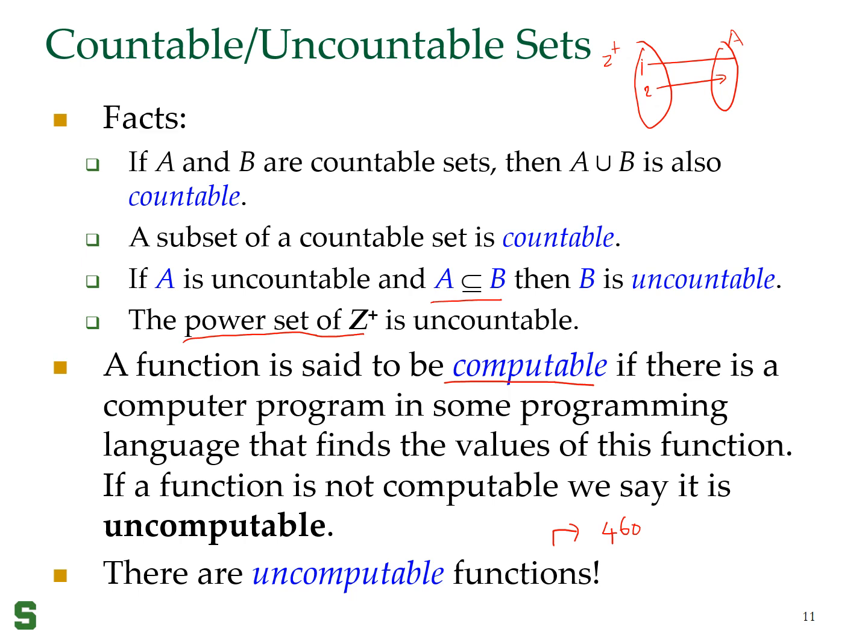What that means is the number of functions that we have is about the same size as the number of real numbers. But the number of programs that I have is much smaller, which is comparable to integers. Now both are infinite, but there is no onto mapping from Z plus to R, and that means that there are going to be some functions that no program is going to be able to compute. We call these functions uncomputable functions.